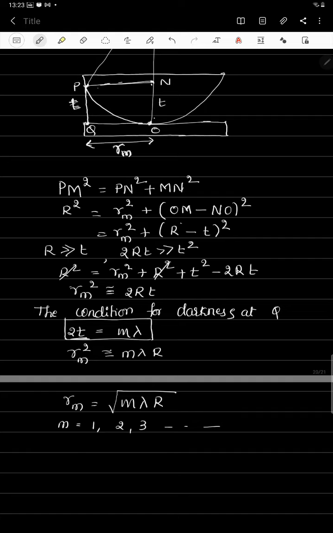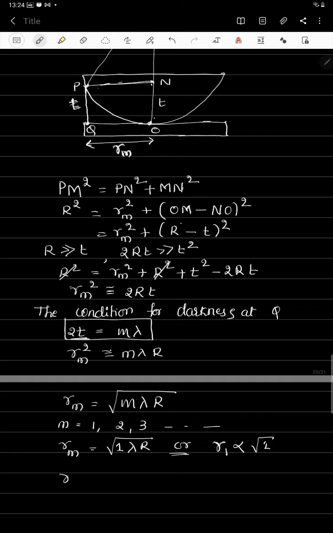So for the first dark fringe, m value becomes equal to 1. For that Rm, the radius of the first dark fringe, becomes equal to square root of 1 lambda into R, or we can write, R1 is proportional to root of lambda R; for the given monochromatic light lambda will be constant, and for the given plano-convex lens R is also constant. So R1, the radius of the first dark fringe, is directly proportional to square root of 1.